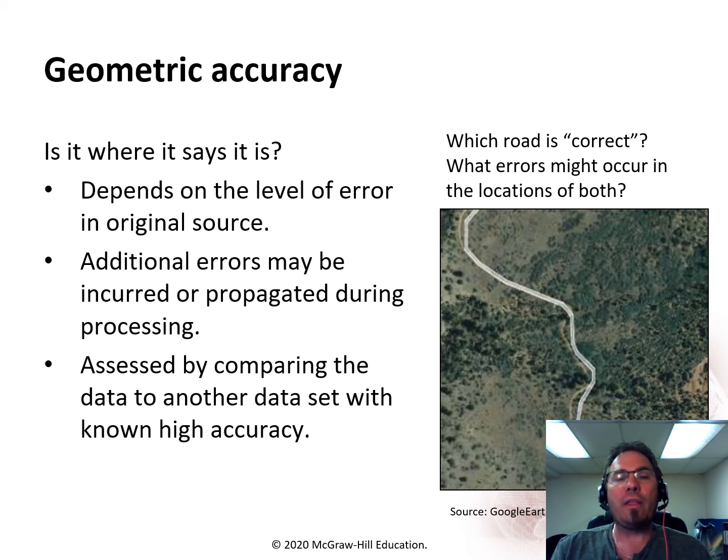and sometimes it just doesn't always work out. One of the other things that can happen is as you use a data set, if you're processing it in certain ways, you can actually propagate those errors even further. You can make them worse. And that's especially true in raster world or with projections, which we'll get to later in the semester as well.